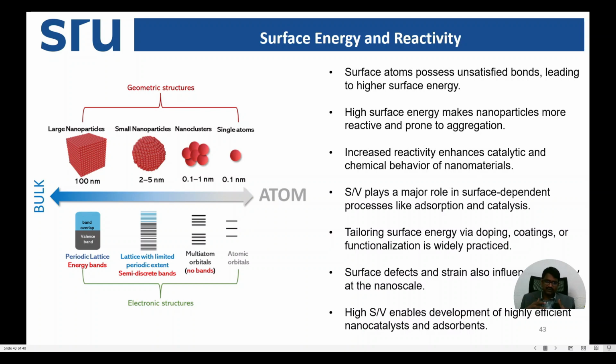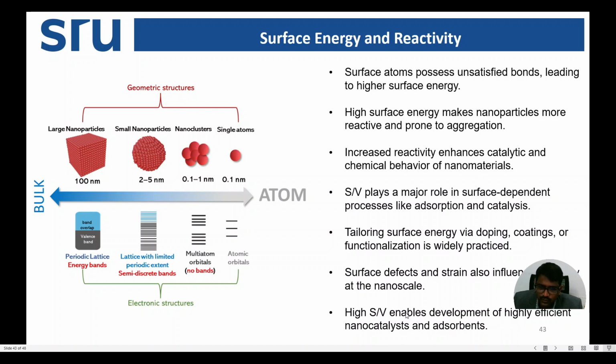There are several methods to change the band gap and tune the properties. Surface defects and strain also influence reactivity at the nanoscale. High surface to volume ratio enables development of highly efficient nanocatalysts and adsorbents.